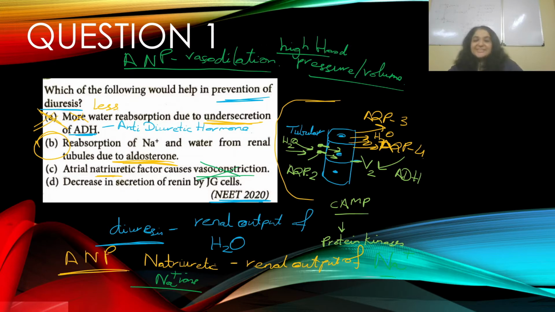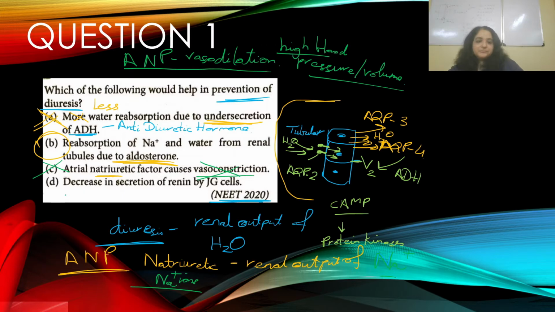I'm sorry, it's the opposite of what I said: it causes vasodilation to decrease the blood pressure or the blood volume. So it's secreted when there is high blood pressure or blood volume, and then what it does is cause vasodilation, and therefore that blood volume or blood pressure decreases. So C is an incorrect statement. It will not prevent diuresis.